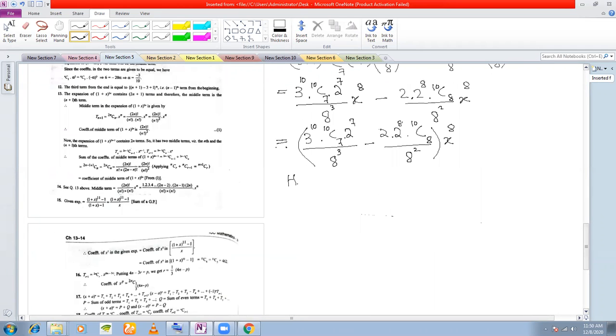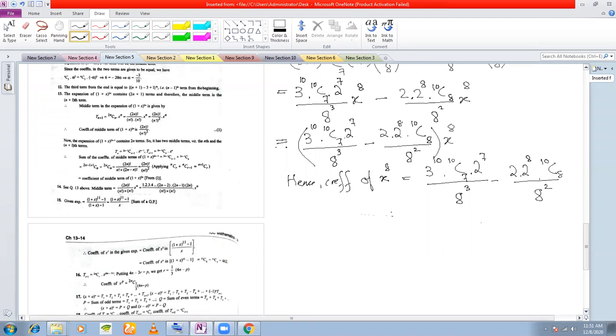Hence, the coefficient of x to the power of 8 is equal to 3 to the power of 10 into 10C7 into 2 to the power of 7 divided by 8 cube, minus 2 into 2 to the power of 8 into 10C8 divided by 8 square.